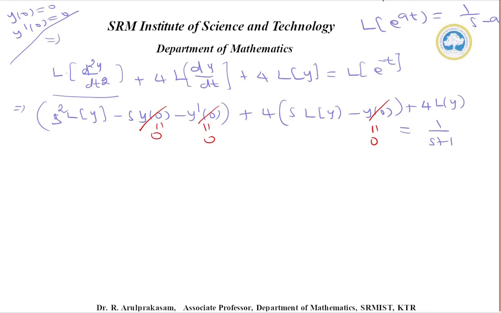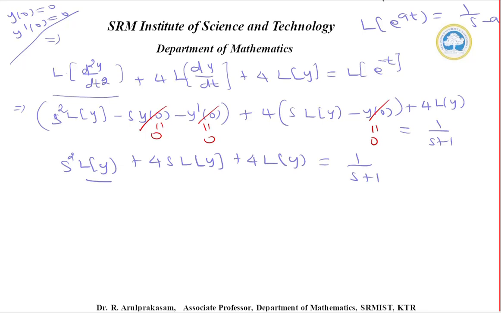Now I can simplify the equation: s² L of y, this term will be 0, plus 4s L of y, this term will be 0, plus 4 L of y is equal to 1/(s + 1).